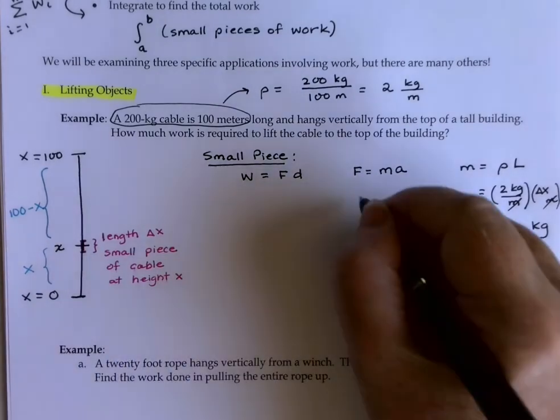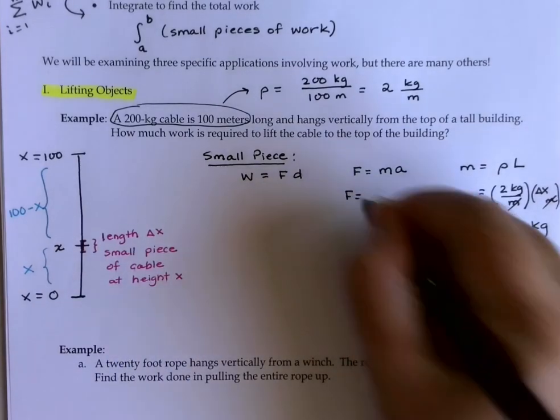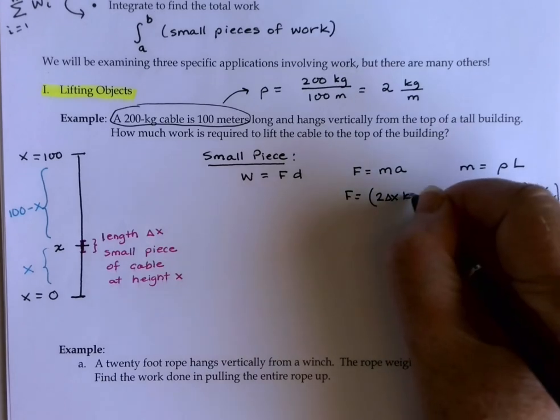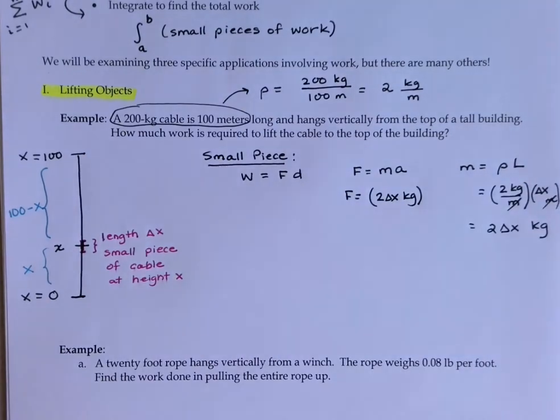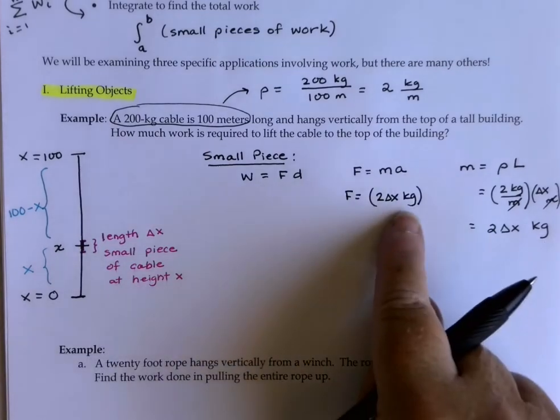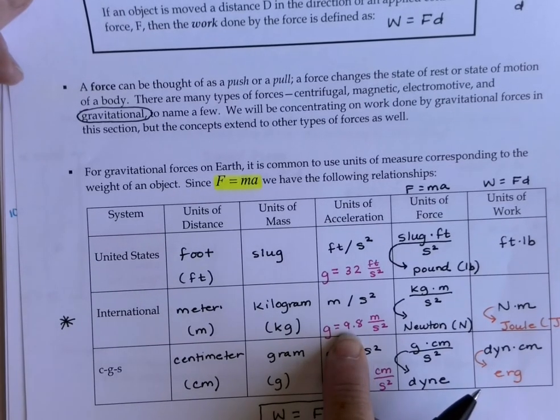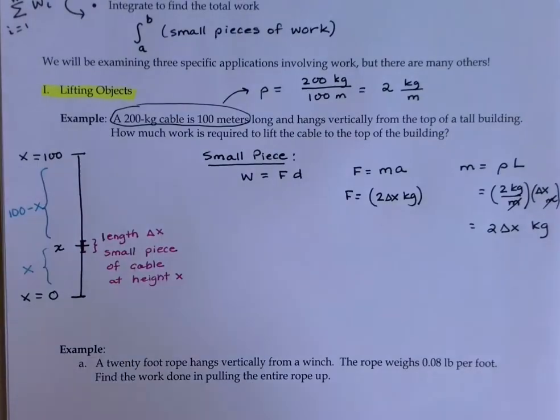We can come back and use that here. Put in our mass. And then, as always, we want the acceleration units. We're in kilograms and meters, so we're in international units. My acceleration due to gravity would be 9.8 meters per second squared.